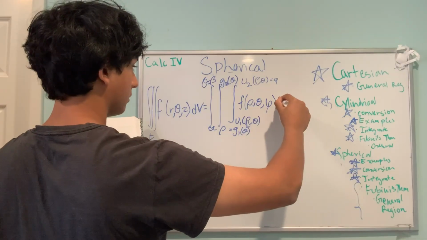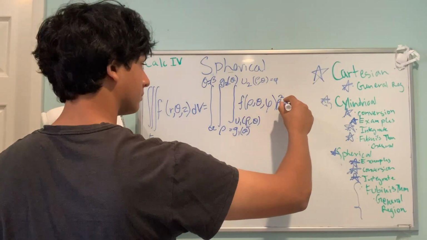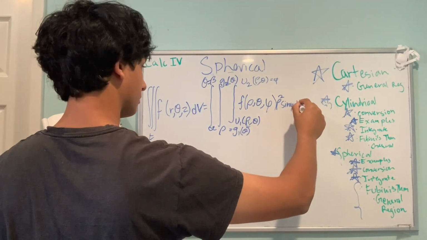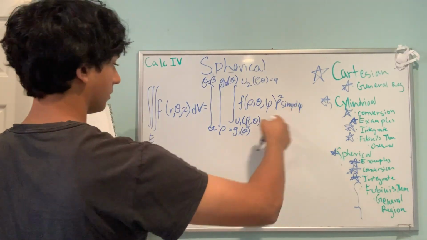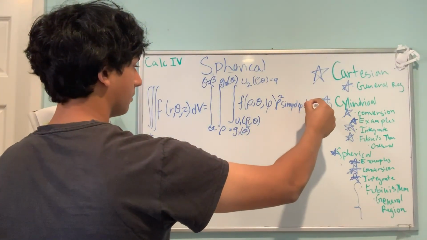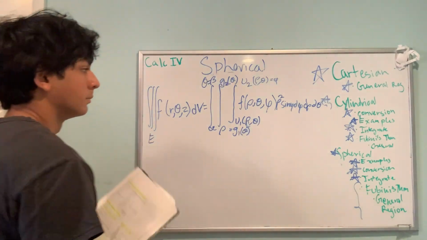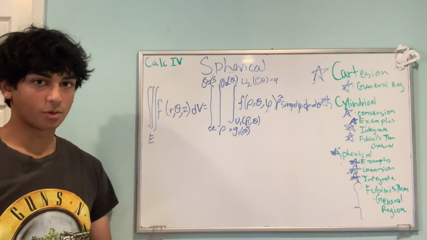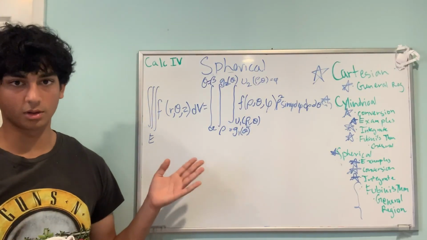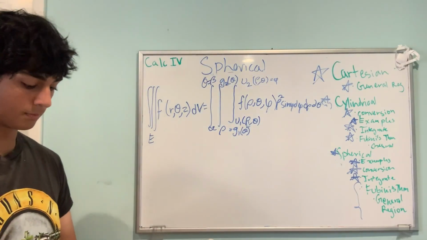That's kind of long. Integrate in the correct order because you don't want to mess up on the exam. D theta. This is the expanded version for a general region in spherical coordinates. This is Fubini's theorem.